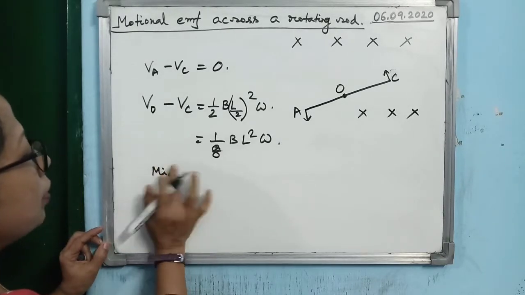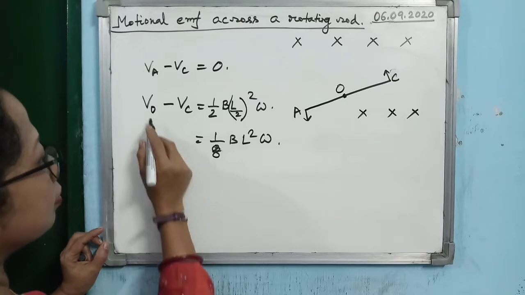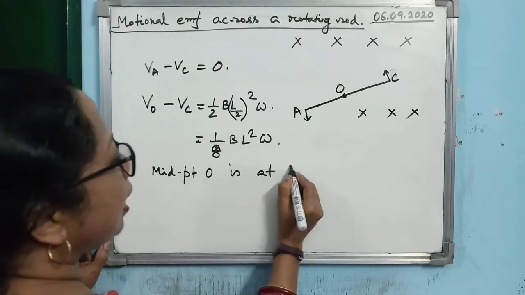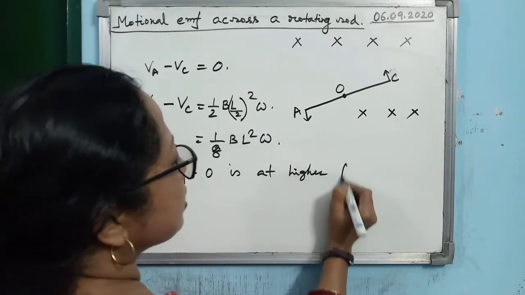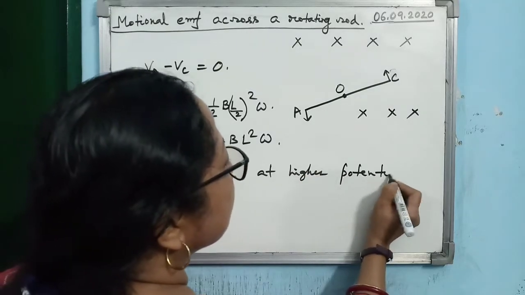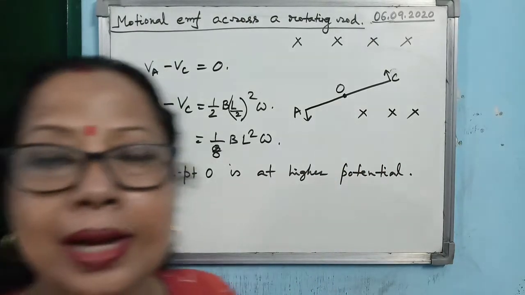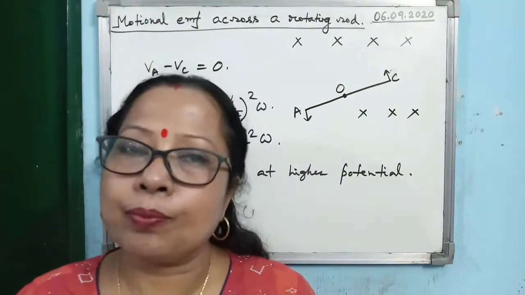I can write that midpoint O is at higher potential. Is that clear? Now, if the rod rotates in the clockwise direction, then the end points will be at higher potential.